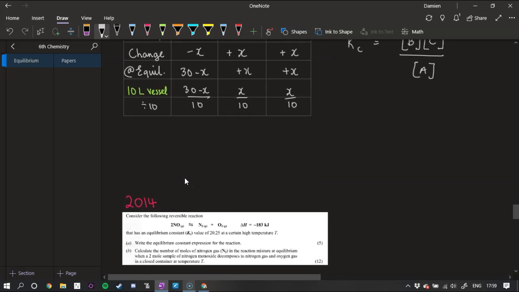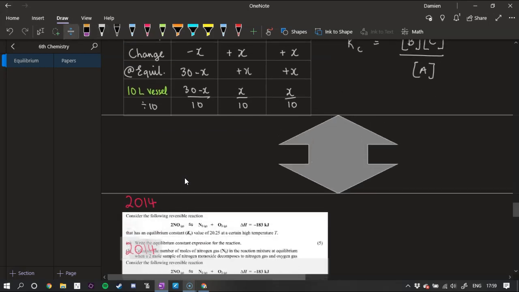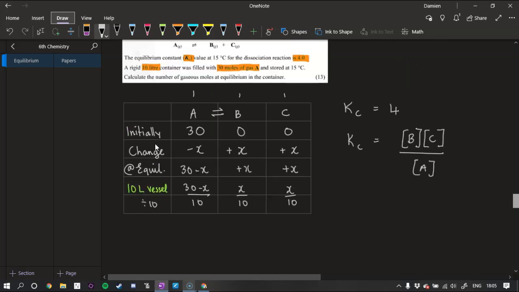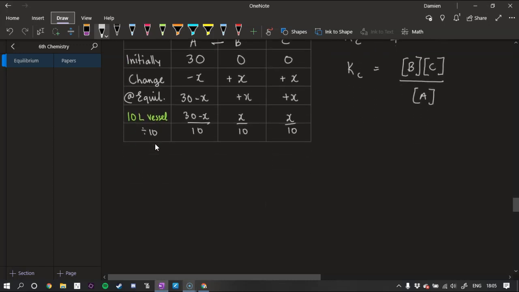So if we do the maths down here, let's make a bit of space, and let's put them in. So let's put those numbers into Kc. We have B multiplied by C, and again Kc is equal to 4 here.